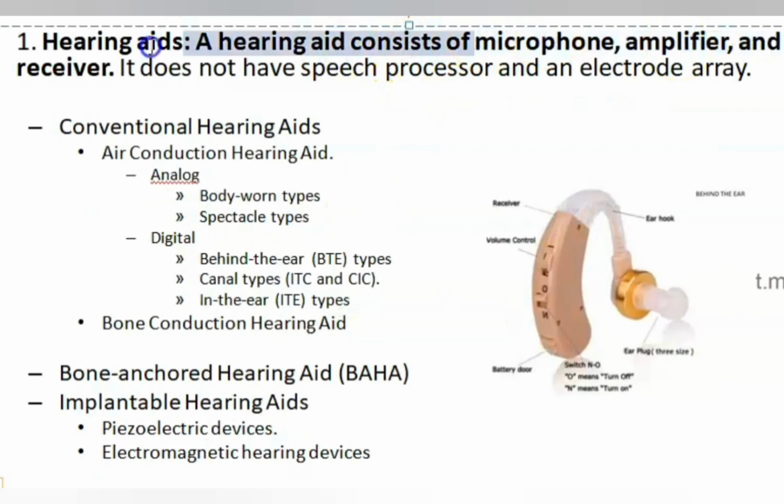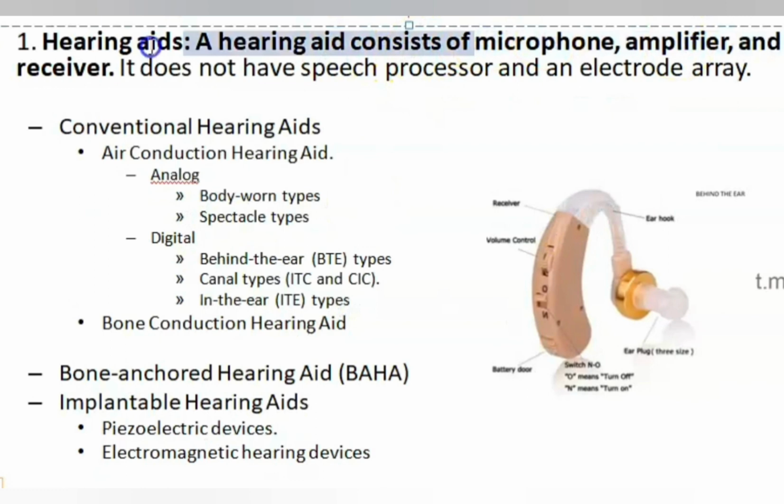So hearing aid can be conventional hearing aid, or it can be digital hearing aids, or it can be bone anchored hearing aids and other implantable devices such as electromagnetic and piezoelectric devices. Conventional hearing aid can be body worn or spectacle worn, and digital hearing aids can be behind the ear, in the canal, completely in the canal.